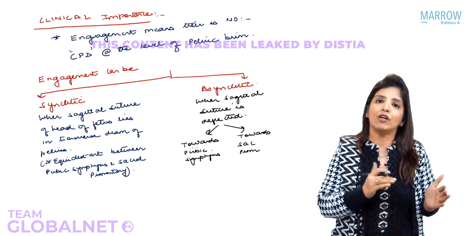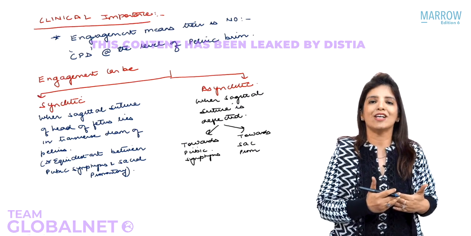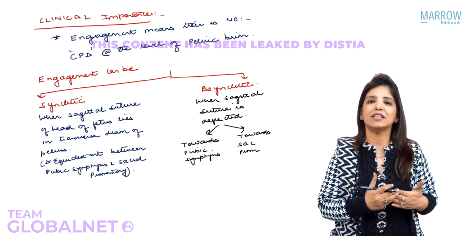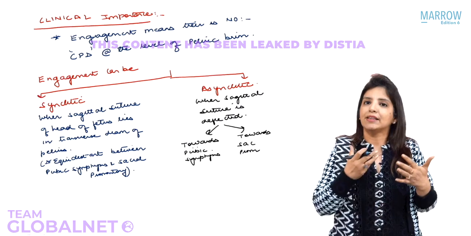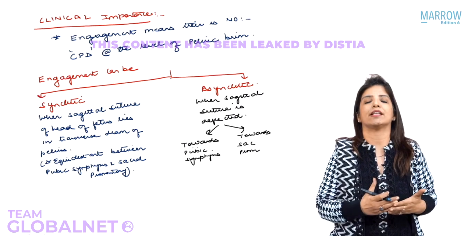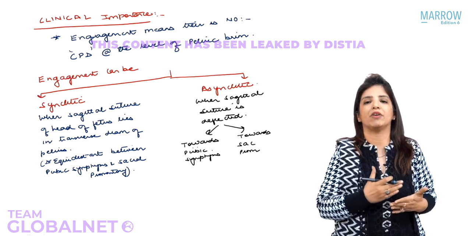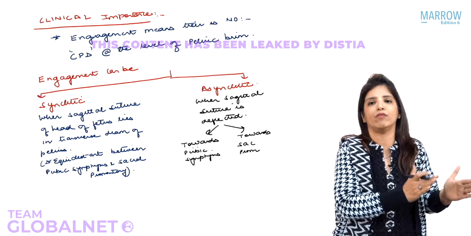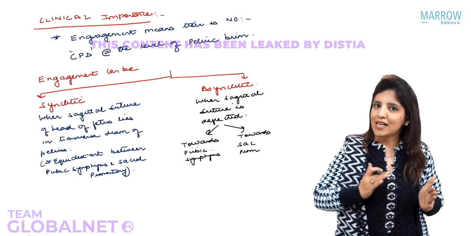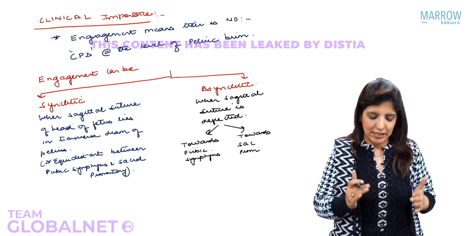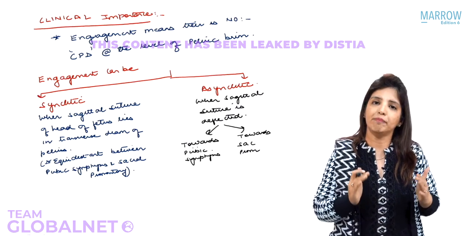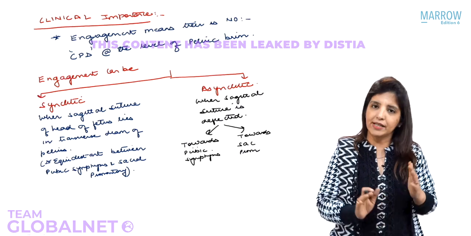So if the largest transverse diameter has crossed the pelvic inlet, that means the entire head can now cross the pelvic inlet, and that means you can say that there is no cephalopelvic disproportion at the level of inlet. So once engagement occurs, I can be sure that there is no CPD at the level of the pelvic inlet. Right? Clear to all of you?